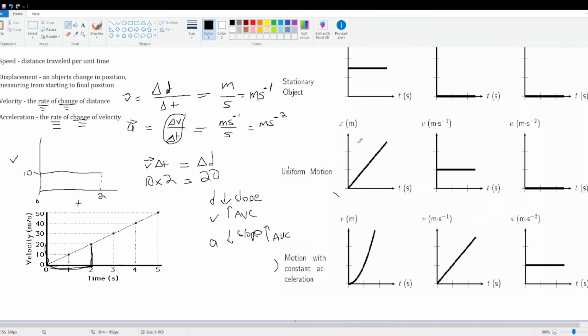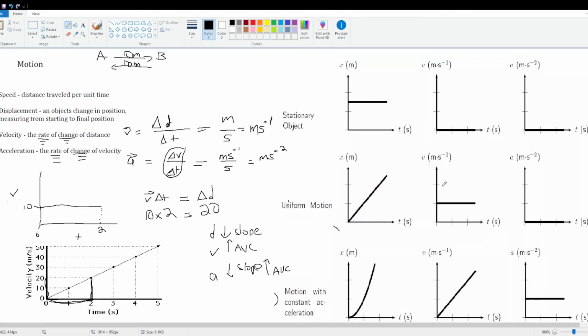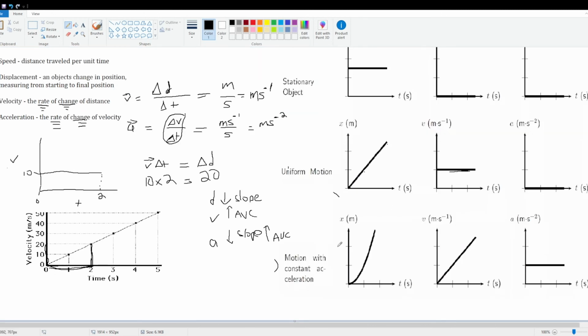It's constantly going to be moving. So it's going to have a linear rise here, and just like our graph over here, if it's not accelerating, it's straight. And again, if you find the slope of this graph here, the slope's going to be constant, and what a surprise, it's a constant value.